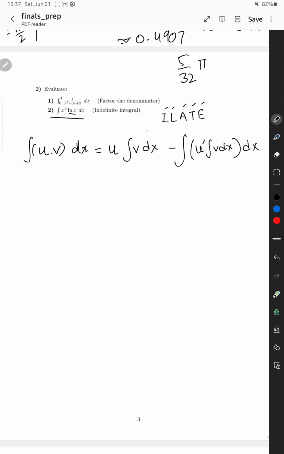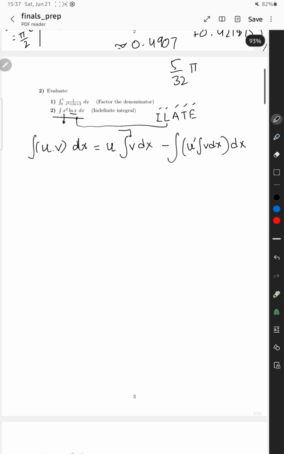In this rule, the type of function that comes prior should be u, and the one that comes later should be v. So in this case, x square is an algebraic function, so we'll give it the v spot, whereas ln x is a logarithmic function, and we'll give it the first spot.